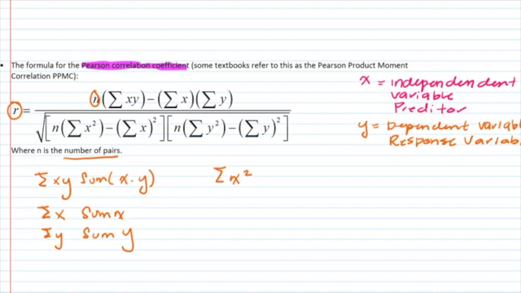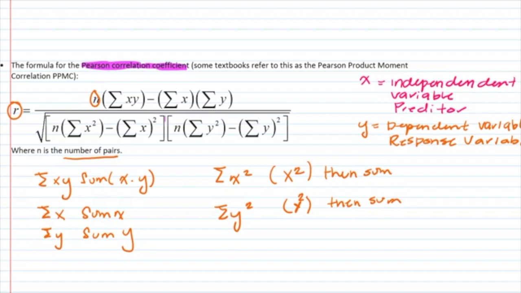First square the X, then sum. Same for the Y: you square the Y, then sum. I think that's all you need to know.